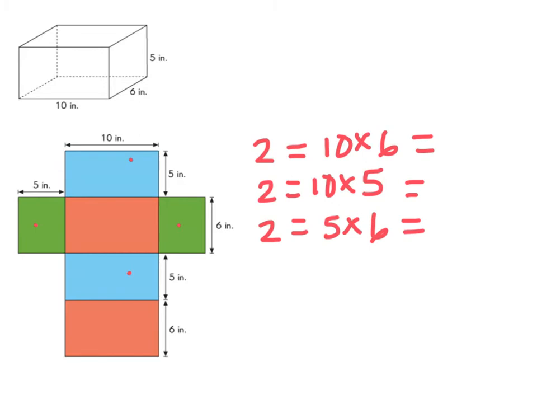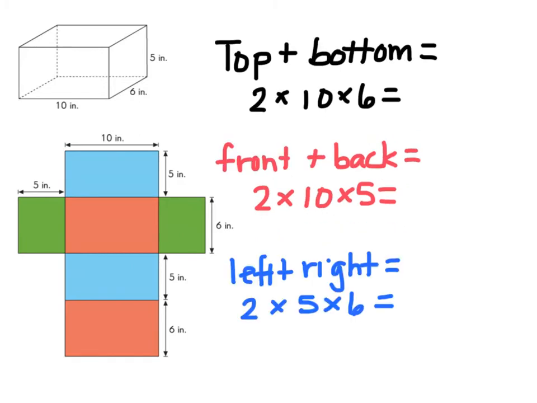Let me rewrite the work here so it's a little bit easier to see what we're doing. Okay, first let's calculate the area of the top and bottom faces. 2 times 10 is 20, times 6 is 120. So these 2 surfaces equal 120 inches squared.